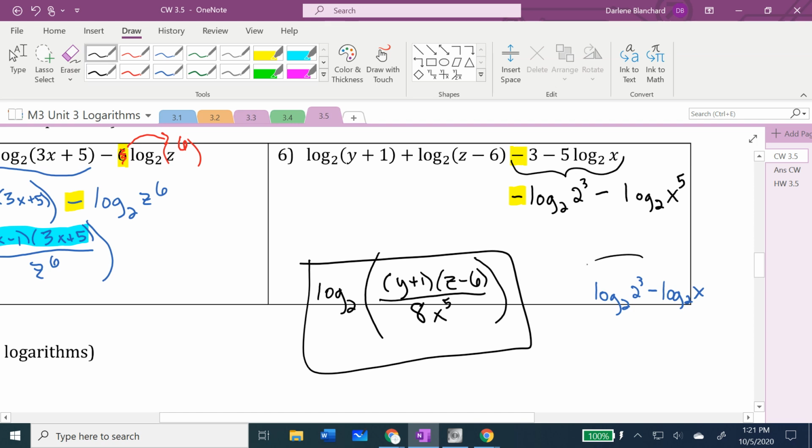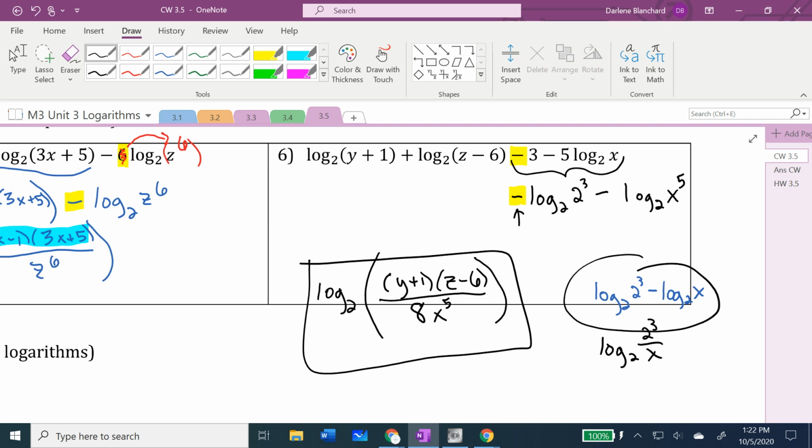So if this is what I saw, then I could say this is log base 2 of 2 cubed divided by x. But this extra negative sign, if I'm going to even bother doing division, I actually need to make that a positive before I can do that, which you honestly don't want to do.